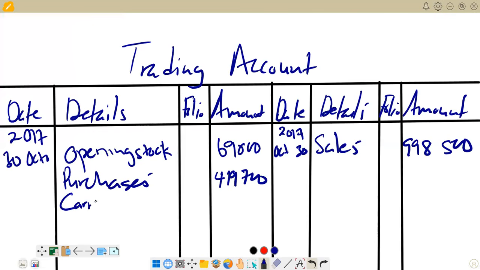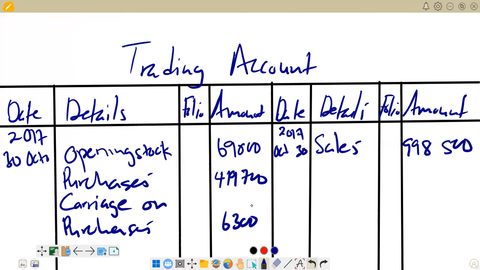So we're saying carriage on purchases, and the figure that we are having on carriage on purchases is 6,300. Then we go back again to check what else we have there that we should include in the trading account.